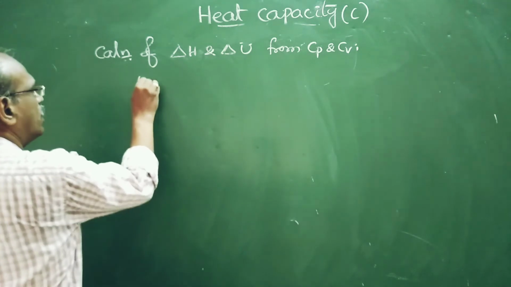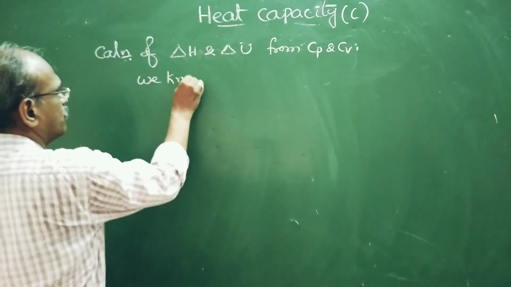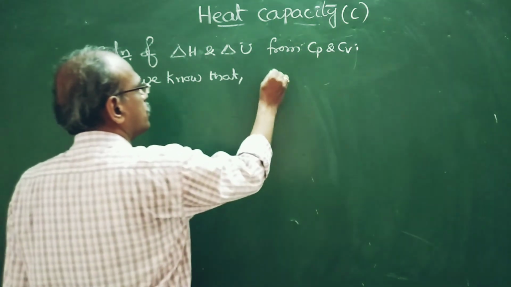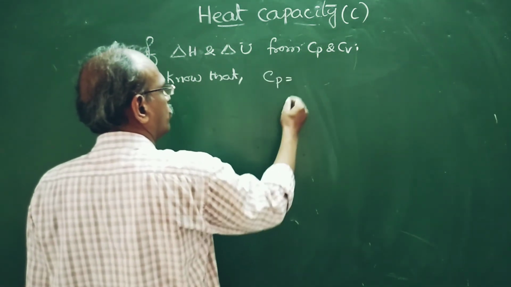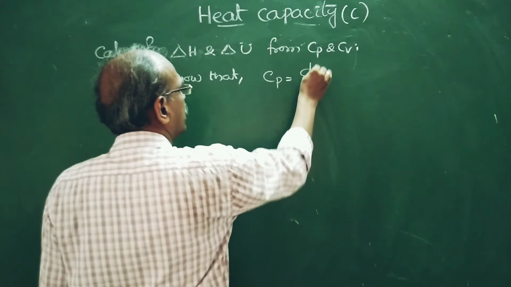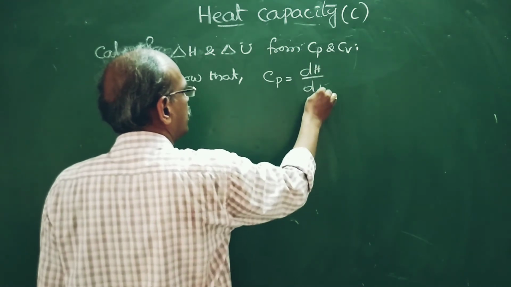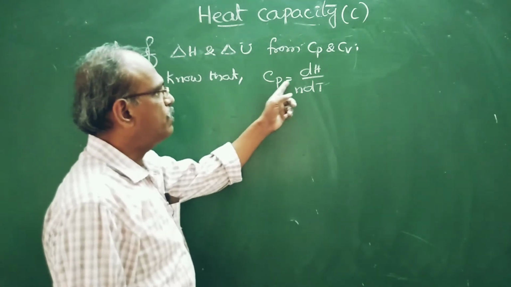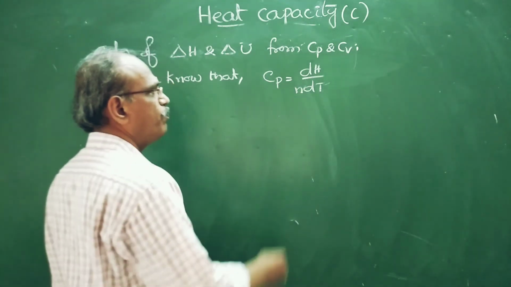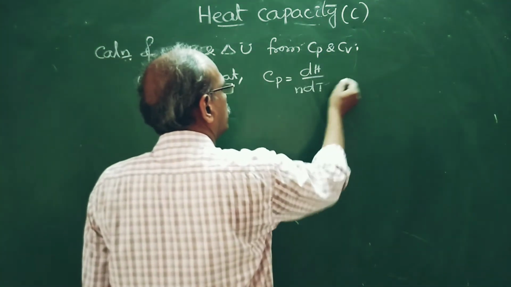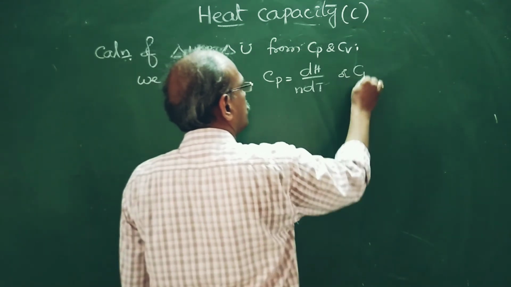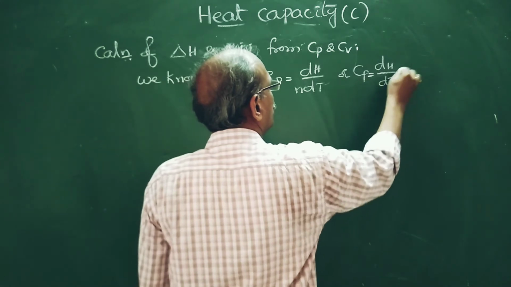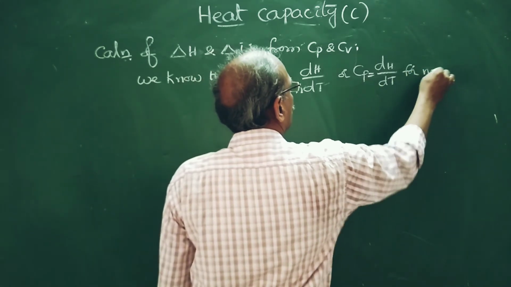We know that we have done in this video, Cp is equal to dH by n dT, or this can be written as Cp is equal to dH by dT for n is equal to 1.